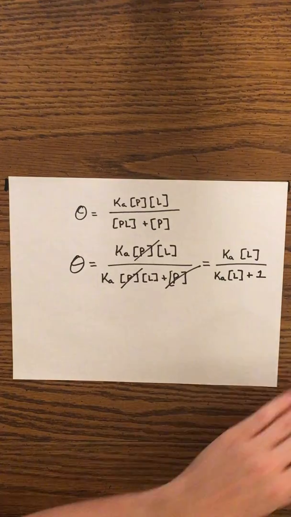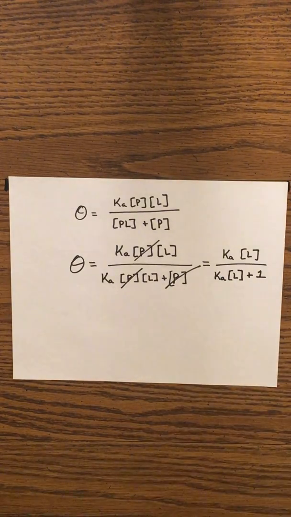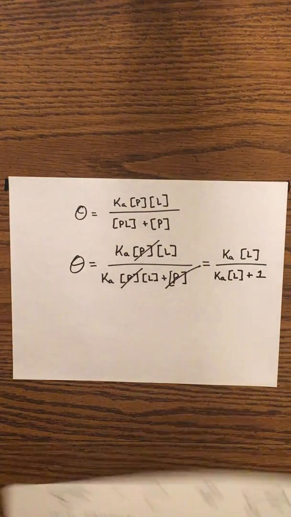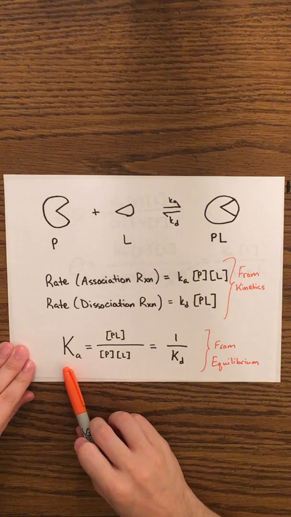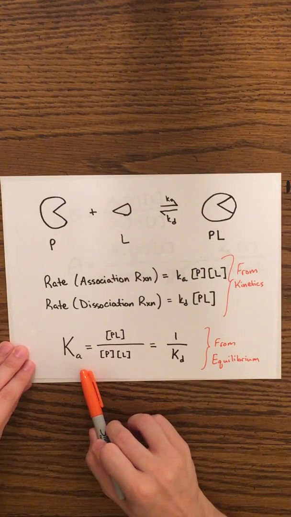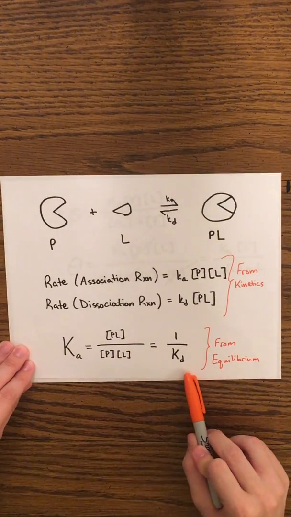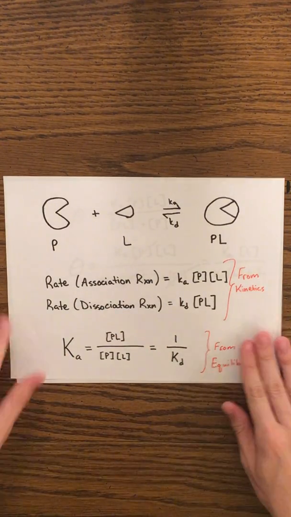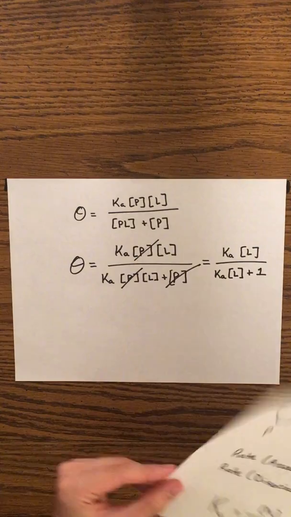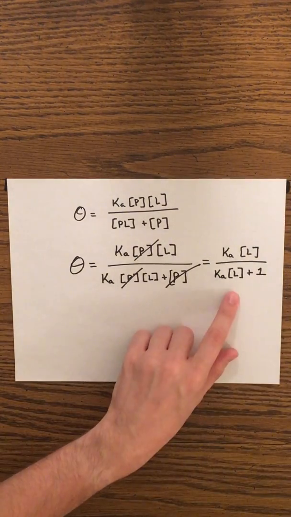And then if we go back to what we said, hey look guys, this is the equilibrium association constant. The equilibrium dissociation constant is just the reciprocal of this value, right? So we can go back in and apply that here.